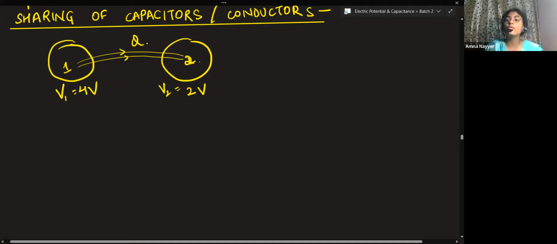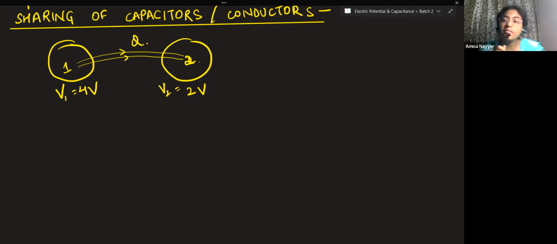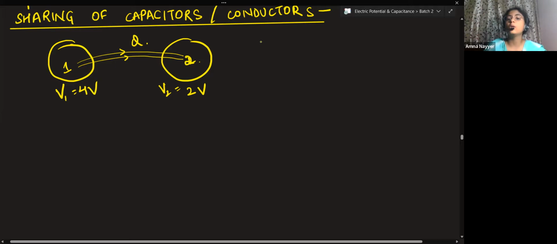Charge will flow from where to where? Charge will flow from the one having higher potential to the one having lower potential. This is the direction of flow of charges.